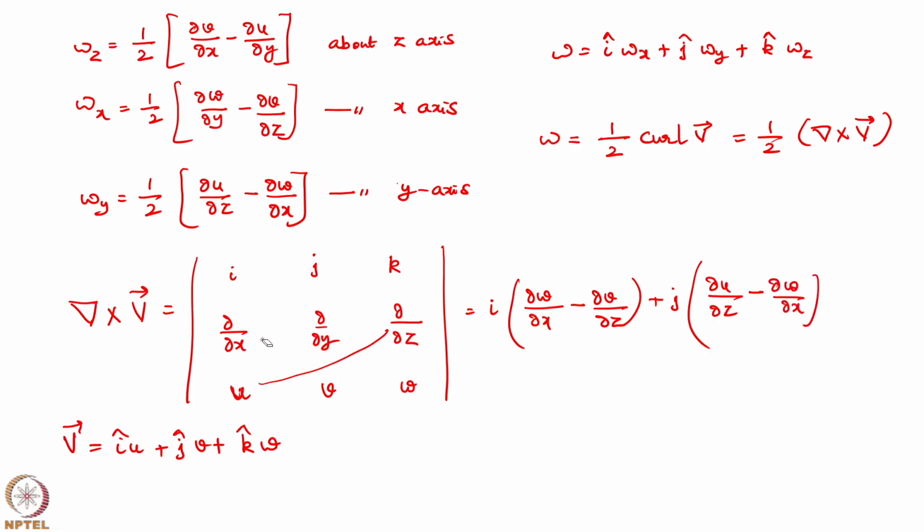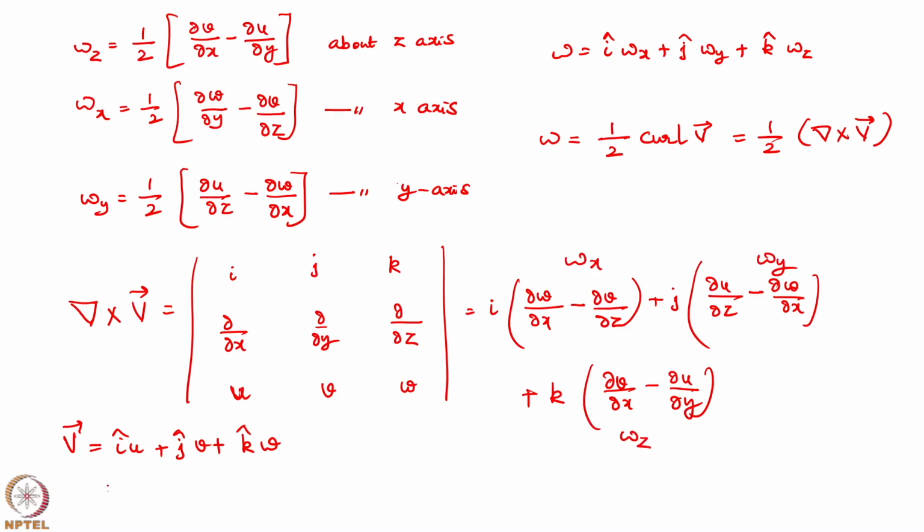Okay. So that is what we do. So now plus k into, you write these two, that is ∂v/∂x minus ∂u/∂y. So you can check that these are the same: this is nothing but omega x, this is nothing but omega y, this is nothing but omega z.